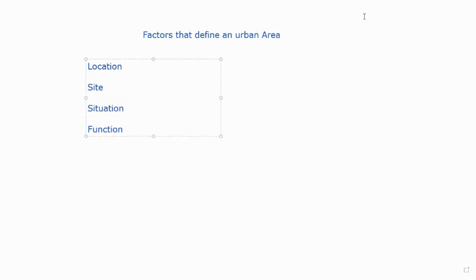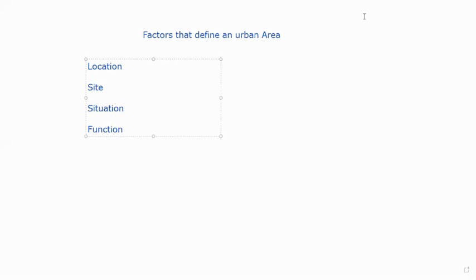Let's take some examples in Pakistan. When we talk about Sialkot city, they have recently introduced Air Sial as well. Sialkot city is famous for its function of sports goods and surgical instruments. Then Faisalabad of Pakistan, its function is mainly in the textile sector.